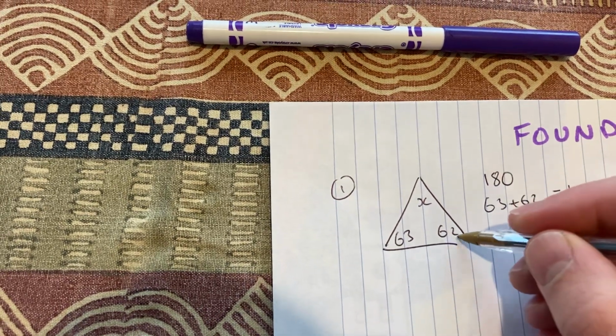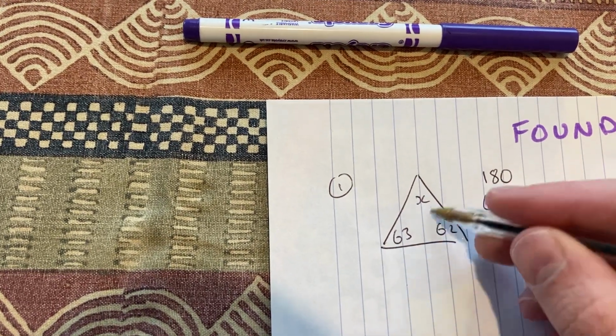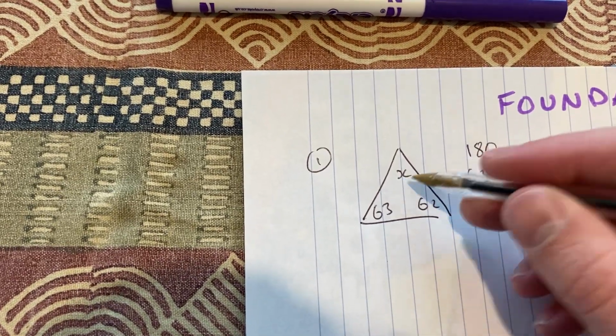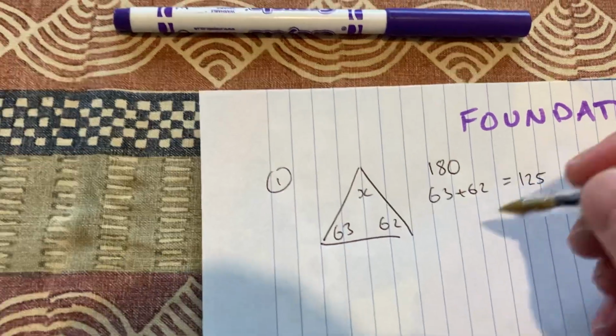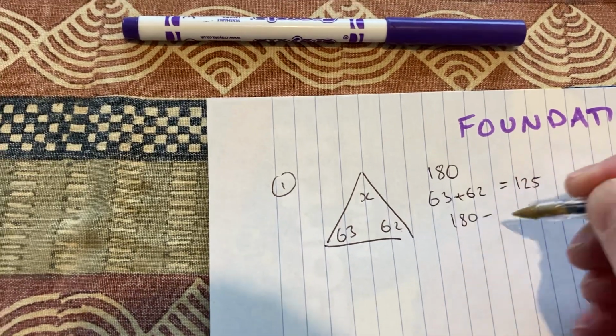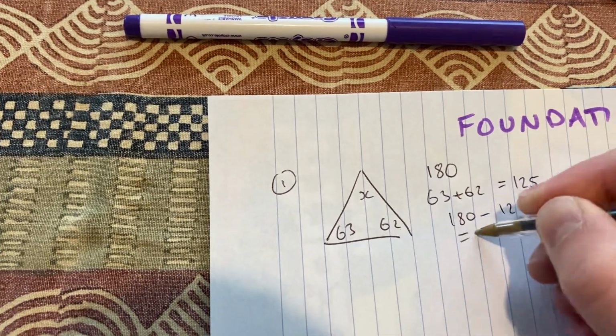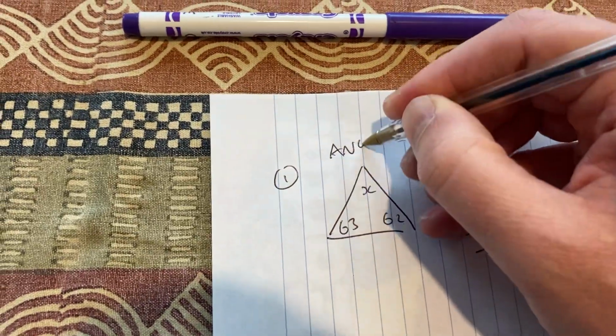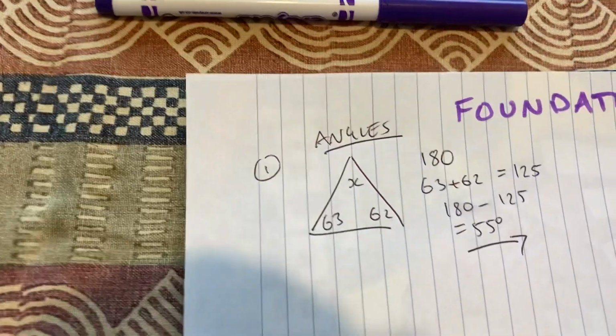I know that an equilateral triangle would have all of them equal to 60, so I'm just a little bit more than that. So I want a little bit less there, and in fact, I just want 5 less. So it's 180 minus 125, and it's 55 degrees. So that topic there is angles and angle properties.